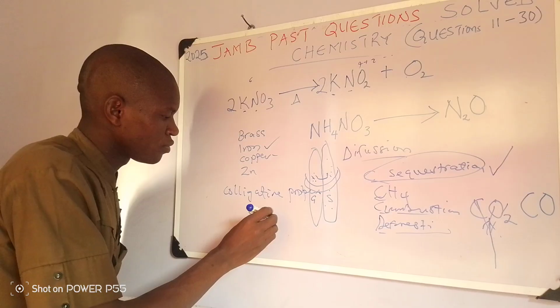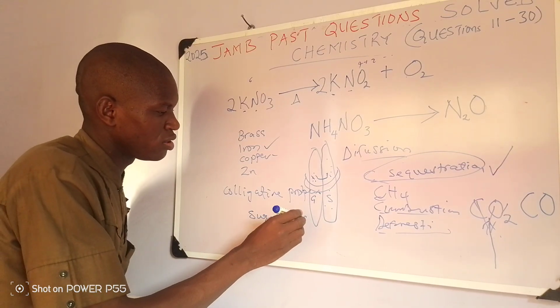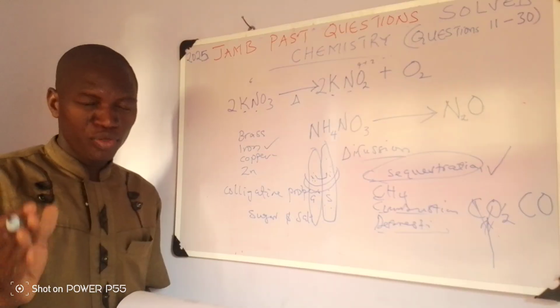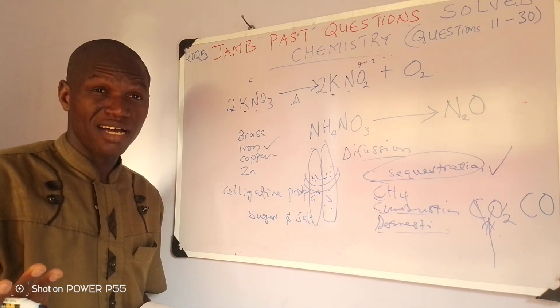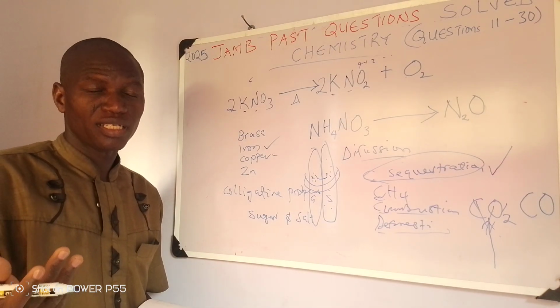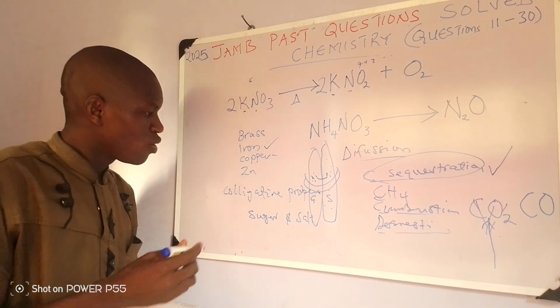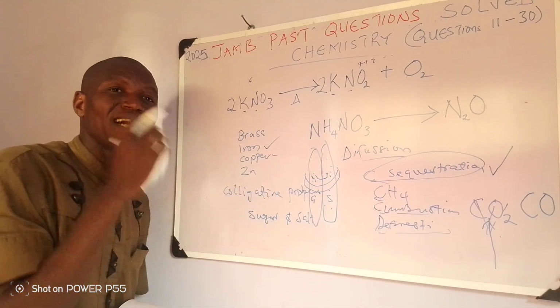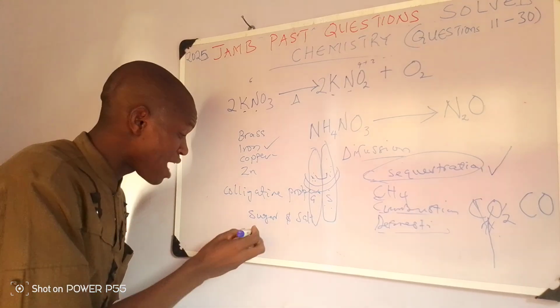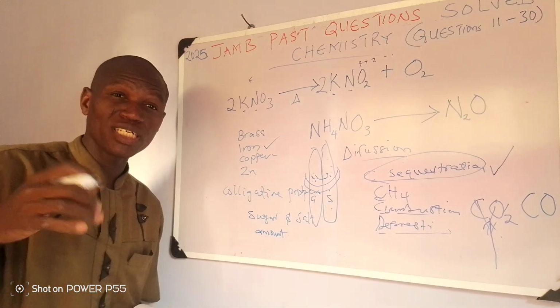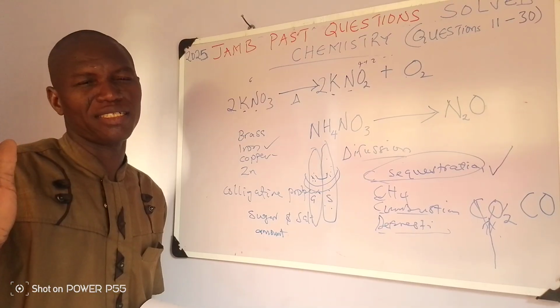If you have sugar and salt, when you add this to water, pure water, that increases their boiling point. Yes, it will make water not to boil fast because you've added them. Now, colligative properties are properties that has to do with the amount or rather the quantity of substance, not their properties per se.